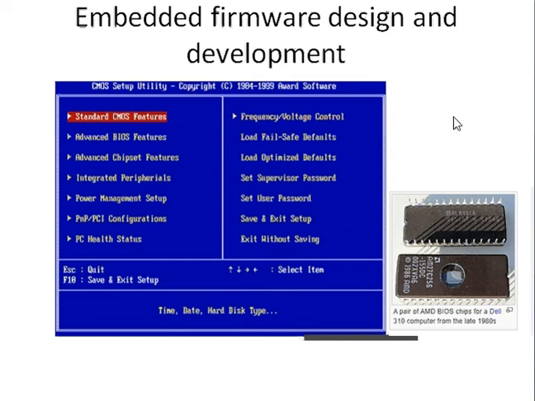So BIOS has different objectives. One of the aims of the BIOS is to load your operating system, and this operating system gets loaded at a later stage. Initially, whenever you turn on the system, this BIOS program gets run.